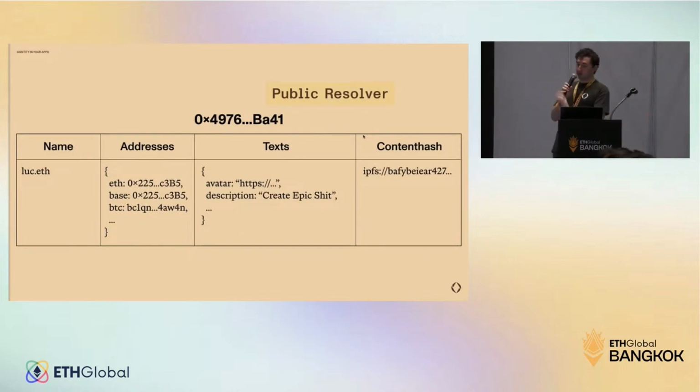And so here you see Luc.eth has a list of addresses, text records, and so on. These are just stored in internal contract storage, which means it is, again, the most decentralized, but also the most expensive because of mainnet gas. I'll give a little shout out to the content hash record over here, which is basically a way to turn a .eth name into a decentralized website. I'm going to skip over that for now, but happy to take a question at the end for more.